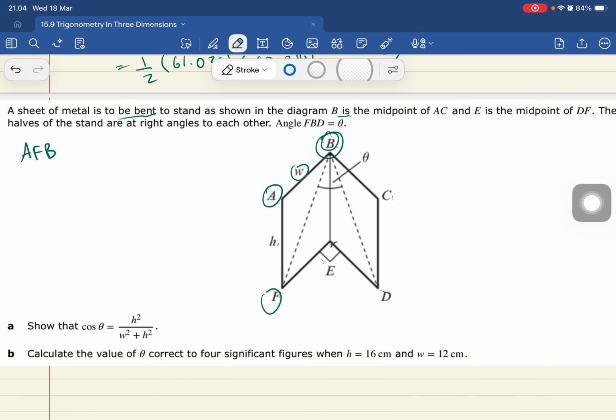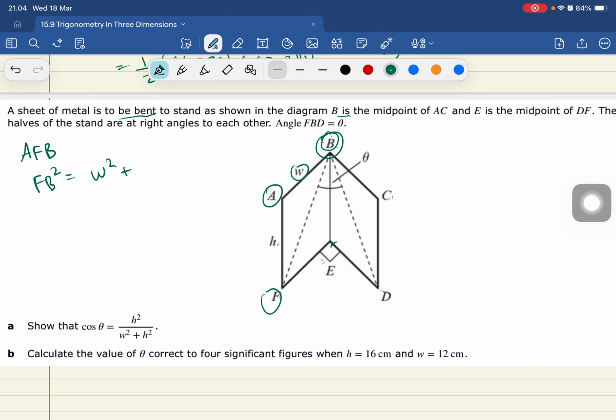Sorry, FB first to prove it. So FB square needs to be W square plus H square. We are using the Pythagoras theorem.